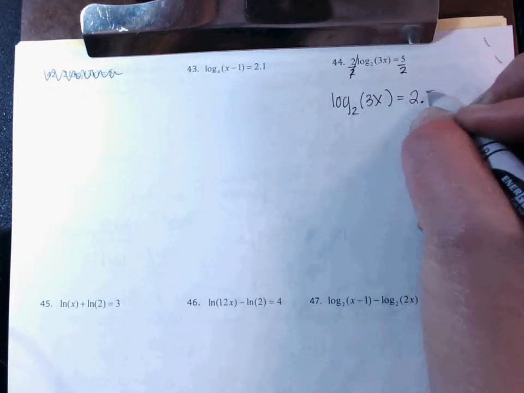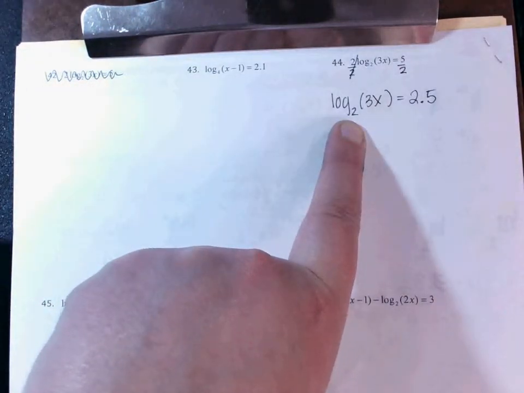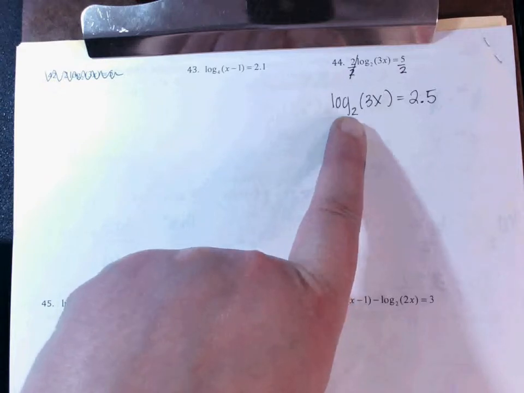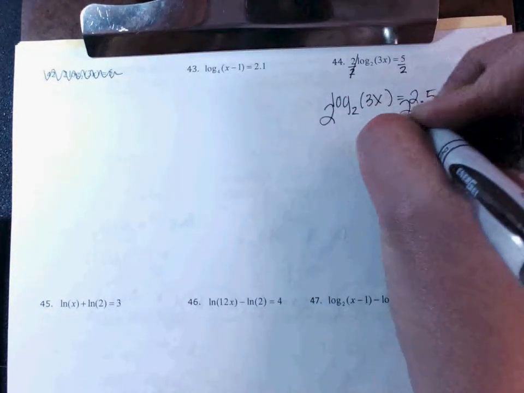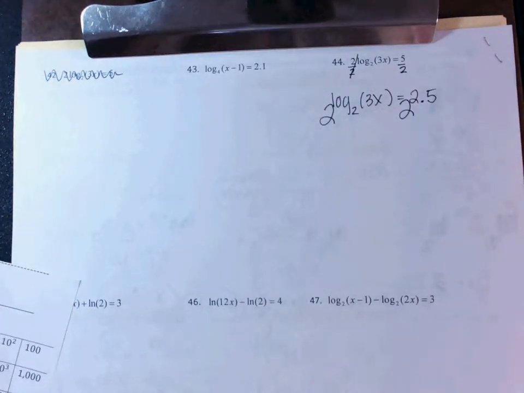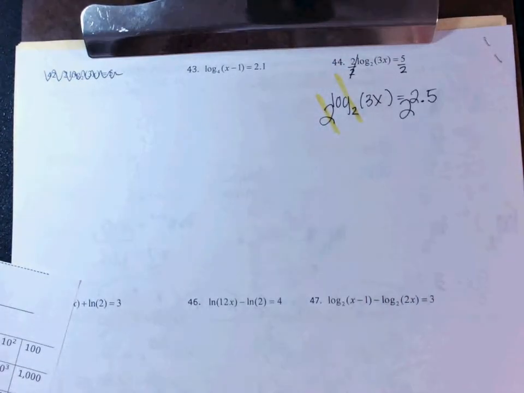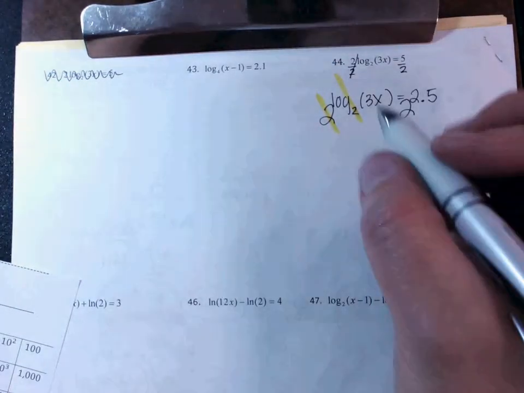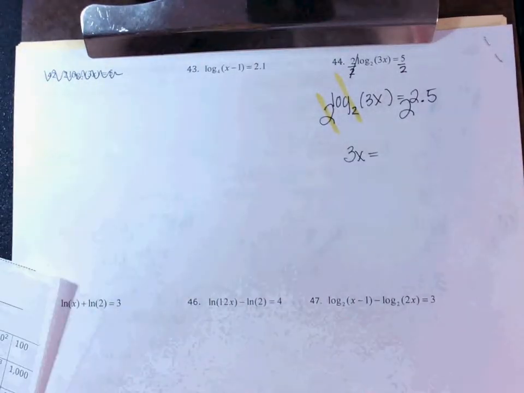Then from here, whatever this base is, that's what you need to apply on both sides. So if it's a little 2 as the base, you need to do 2 up and 2 up. And remember, the reason we do that is that our 2 and our log 2 cross out. My 3x comes down, and then I'm typing the other side into the calculator. 5.66.